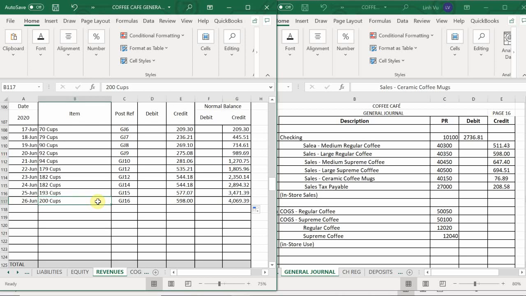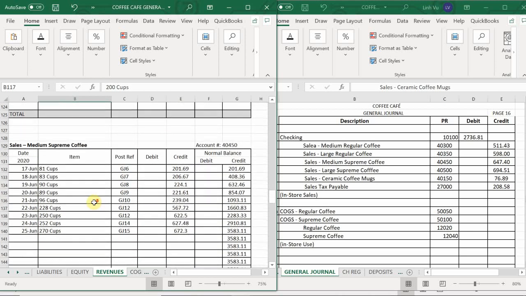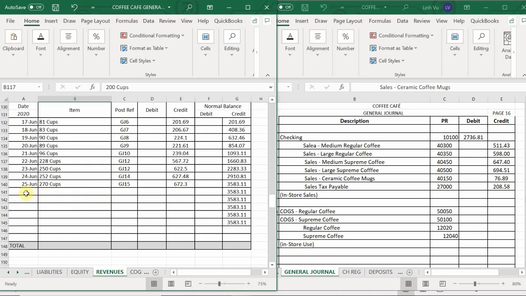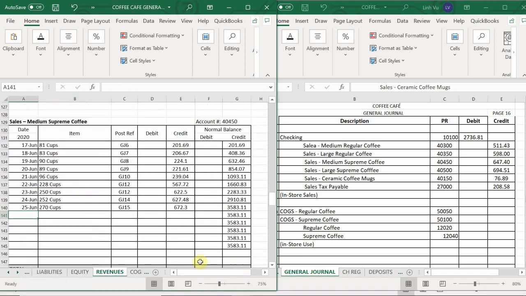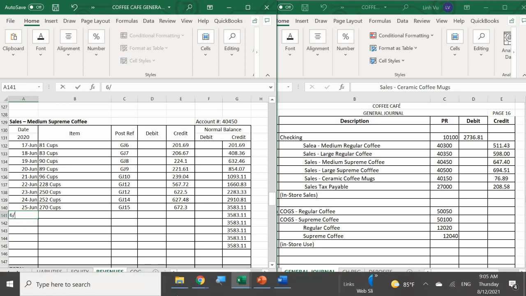And then next is this medium supreme coffee. Guys, let me know if I'm going too fast, okay? 626. 260 cups.